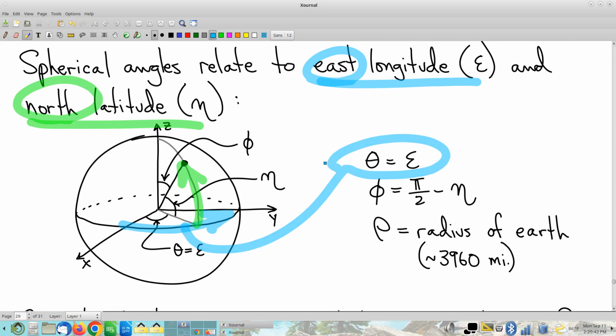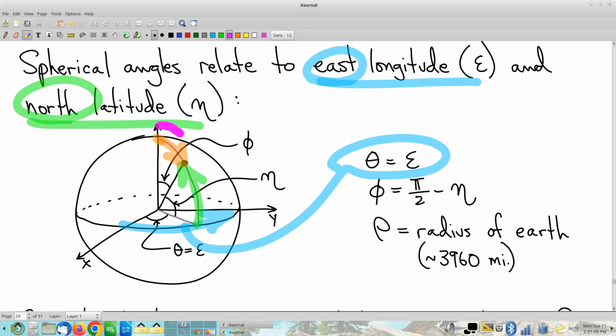Theta is east longitude. With the Earth arranged as I have it indicated here, that's what east longitude is. Literally exactly theta from spherical coordinates. And now, sadly, north latitude is not the same as phi. Phi, again, is measured off of the positive part of the z-axis, but it's a pretty easy relationship.